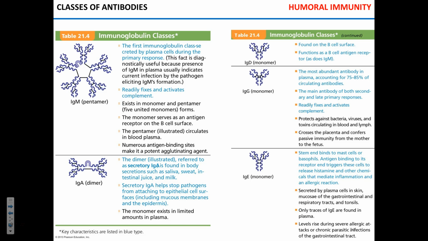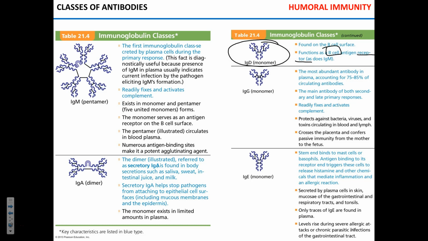There are 5 classes. Immunoglobulin D, the most boring class, is the B cell receptor. Okay? I'm highlighting the functions that you need to know for the exam. Am I clear? Like, you're going to get a question like this.